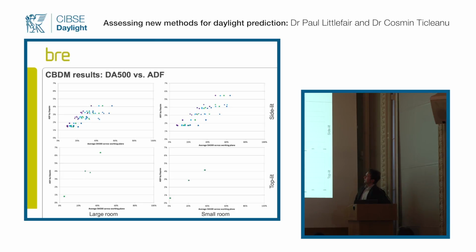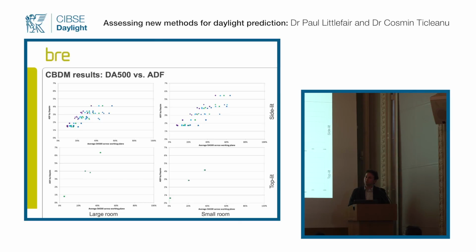The thing is, you can see it's a bit difficult to get the DA 500 above 50%. And there were just a few cases where this happened. It's not very visible, so 50% is somewhere here.